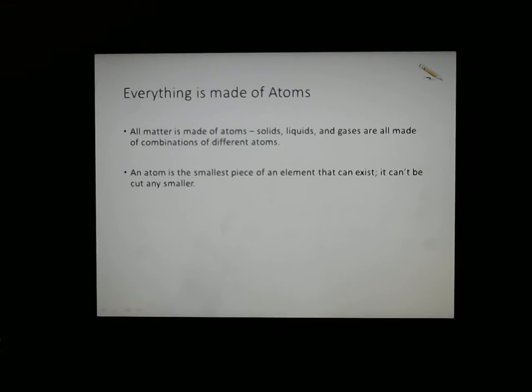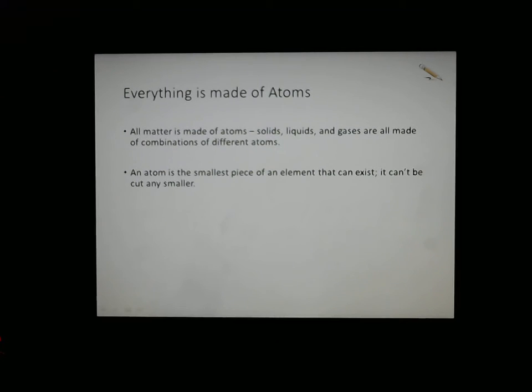Bit of a recap. Everything is made of atoms. We learnt this last year. Everything around you, my tablet, my pen that seems to be a bit wonky, my fingers, the table that this is resting on, my headset that I'm speaking into, everything is made up of atoms. They're made up of combinations of different atoms.